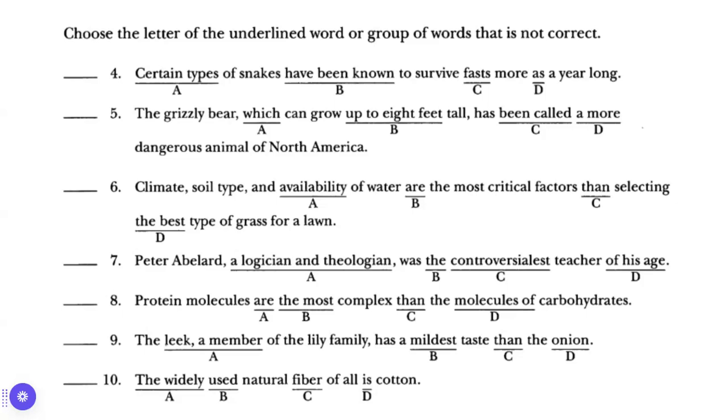Okay. The incorrect word is as. To survive fast more than a year long. Okay? So continue individually. I'll give you 2 minutes and we will check.